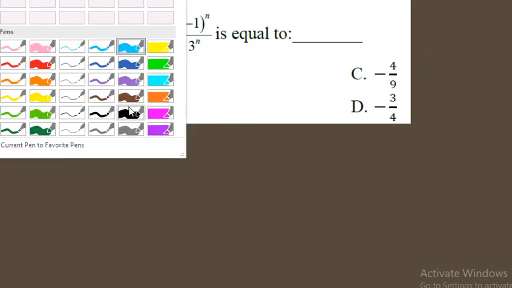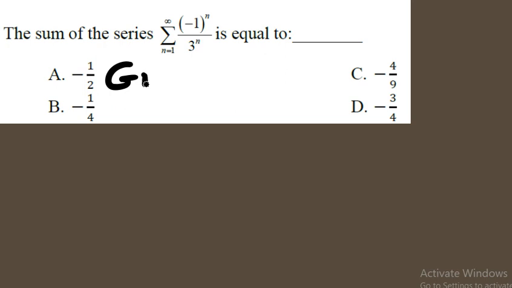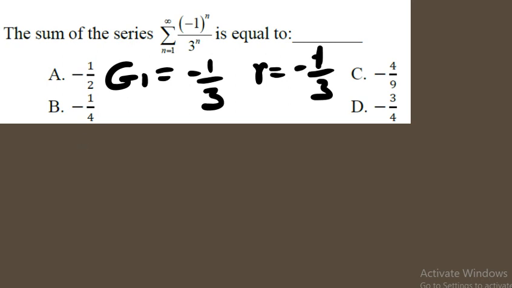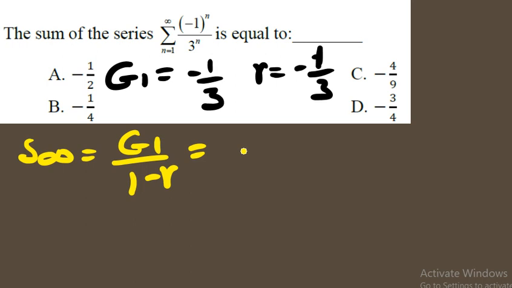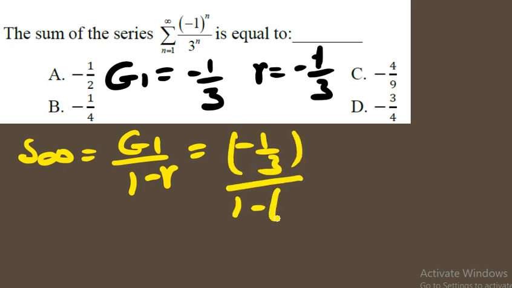So remember, G1, by substituting 1, we have got negative 1 over 3. What about the common ratio? Also negative 1 over 3. These are the two. So we are asked the sum at infinity. The sum at infinity in case of an infinite series means the formula G1 over 1 minus r. That means G1 is negative 1 over 3, the whole over 1 minus negative 1 over 3.